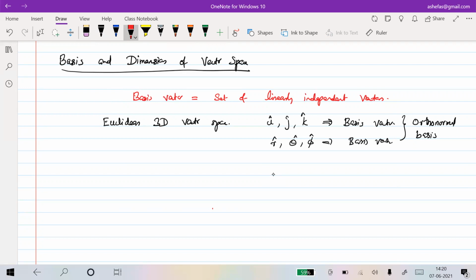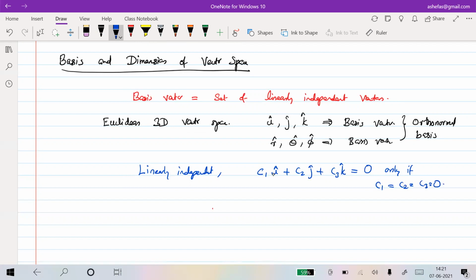So this i, j, k is called linearly independent. The condition for linear independence we can write first. What is meant by linearly independent? Consider some c1 i plus c2 j plus c3 k. Now this becomes 0 only if c1 equal to c2 equal to c3 equal to 0.